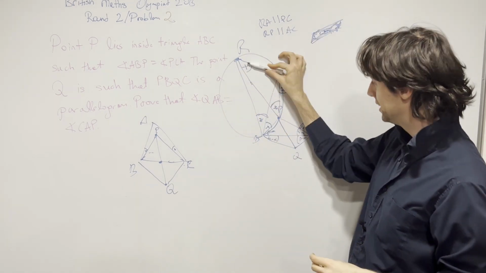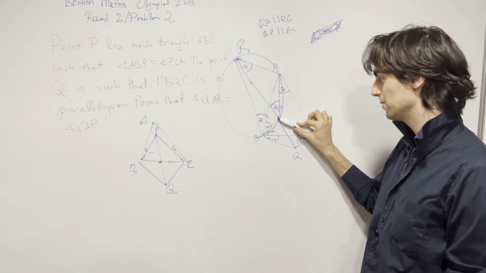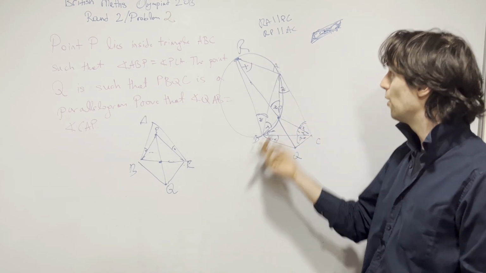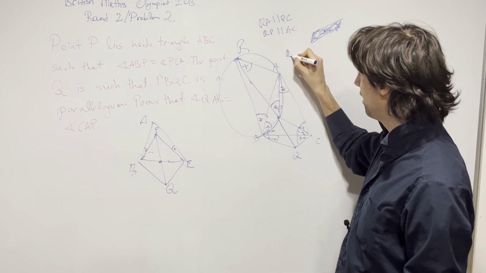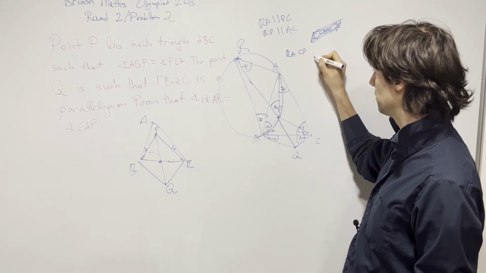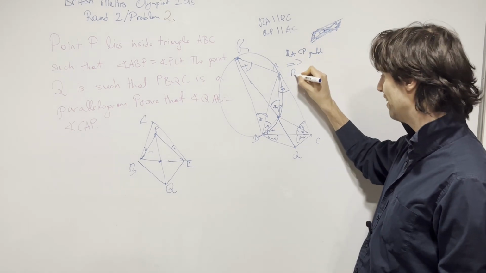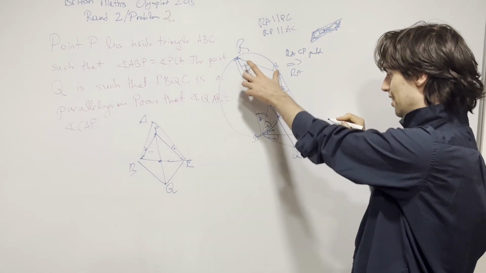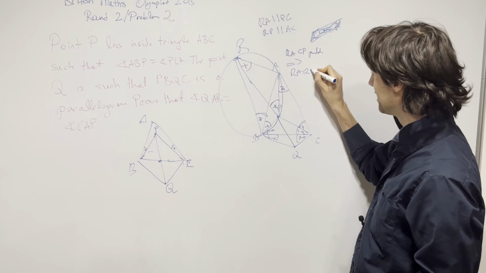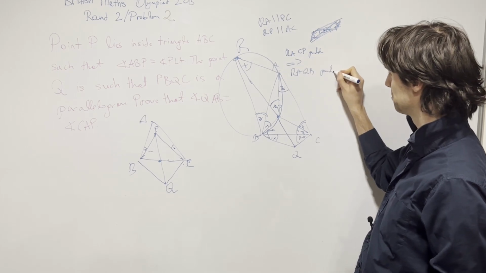Now here, this is parallel and equal to this, is parallel and equal to this. So I also have, if RACP is a parallelogram, then that implies that RAQB is a parallelogram.